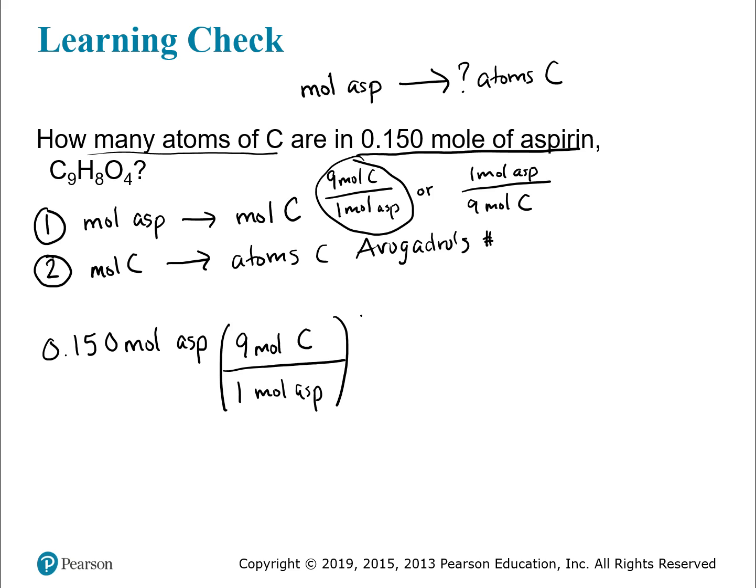The next piece, we're going to be taking the moles of carbon and figuring out how many atoms that corresponds to. That means we're going to use that same equality of 1 mole is equal to 6.02 times 10 to the 23rd atoms and write a conversion factor from there. The moles must go on the bottom to cancel out.